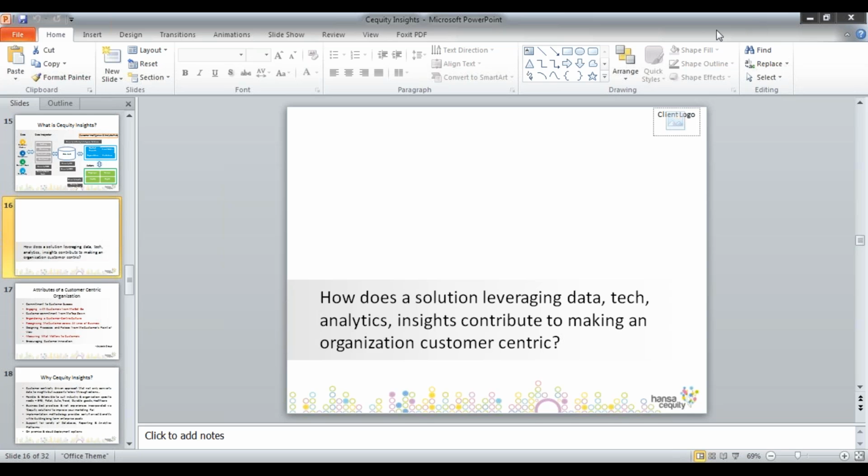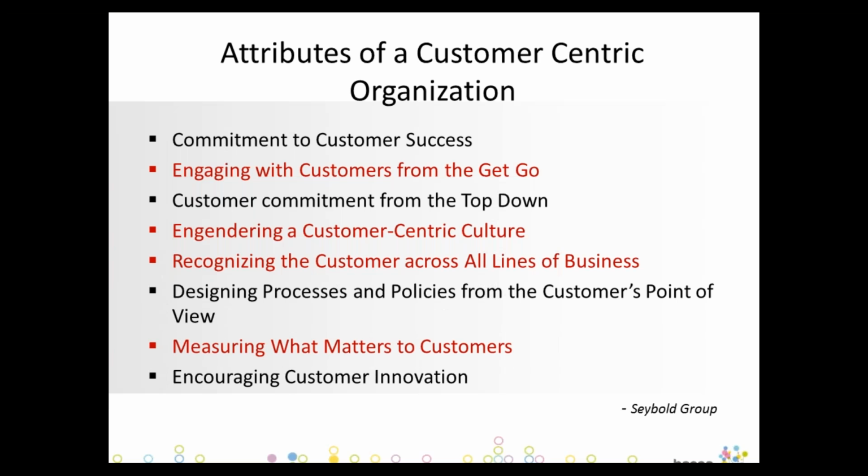Let's go back to what I said initially, that we'll come back to the attributes of a customer-centric organization. If you revisit what we talked about earlier, these were four of them which I thought were relevant.